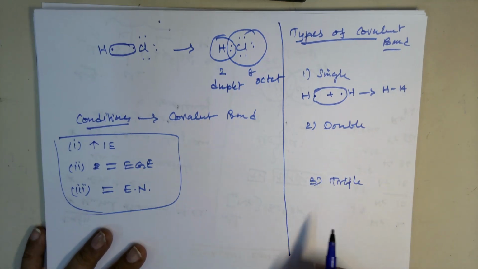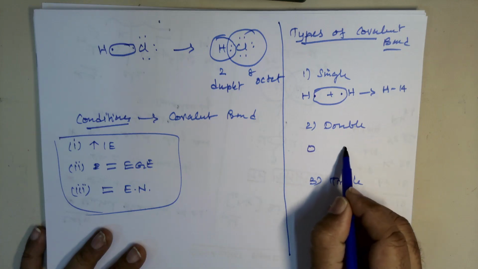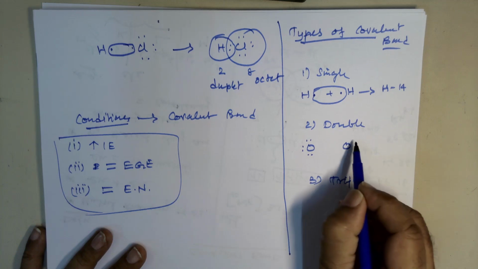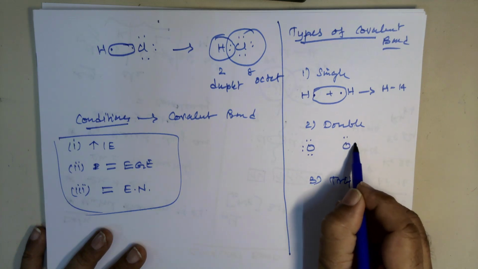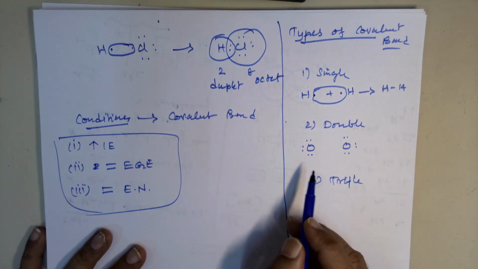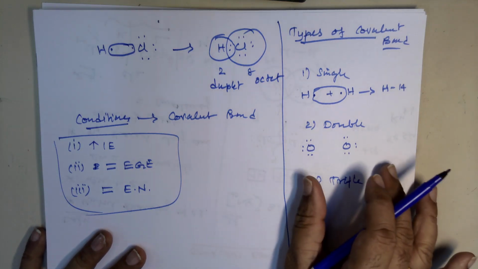Then in the case of oxygen, O and O. Individually they have 6 electrons, so they are not stable.